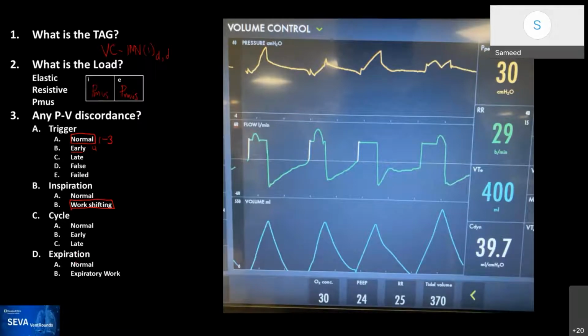I don't see any cycling errors here. And in expiration, I would say there's expiratory work happening, because there are some positive deflections in at least the second and the third breath, that are not very linear in their decay. So I would say work shifting in expiration as well.